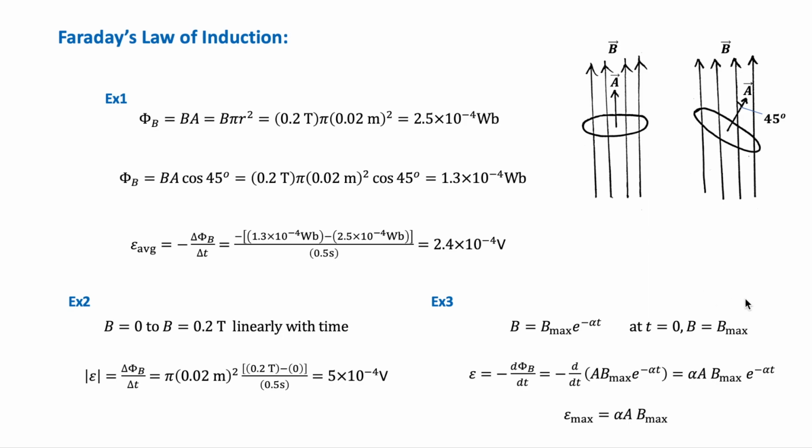The induced electromotive force in the loop as a function of time is given by this equation. Because we have just one turn, n is equal to 1, and the differentiation of this will give us alpha A B max e to the power minus alpha t. So this shows that the induced electromotive force also decays exponentially with time, and the maximum induced electromotive force is given by alpha A B max.